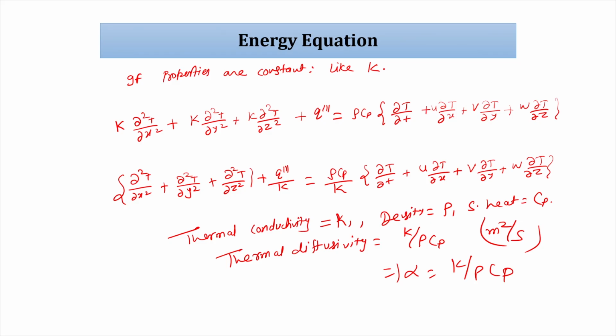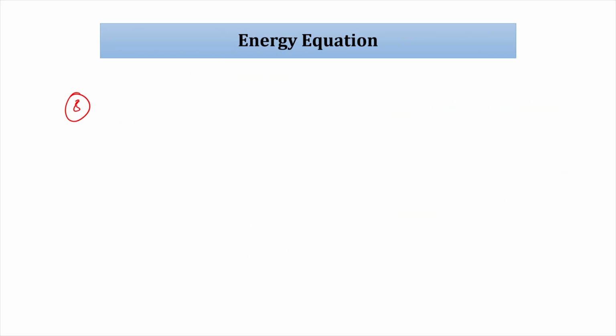So, what will the equation look like? It will look like del square T by del x square plus del square T by del y square plus del square T by del z square plus q triple dash by k.